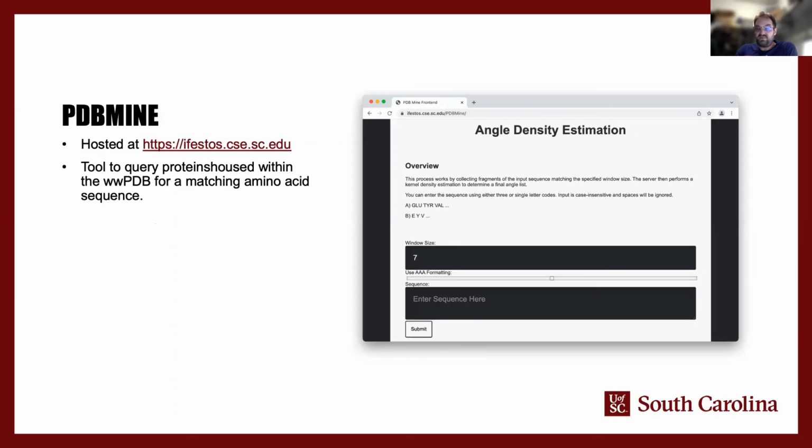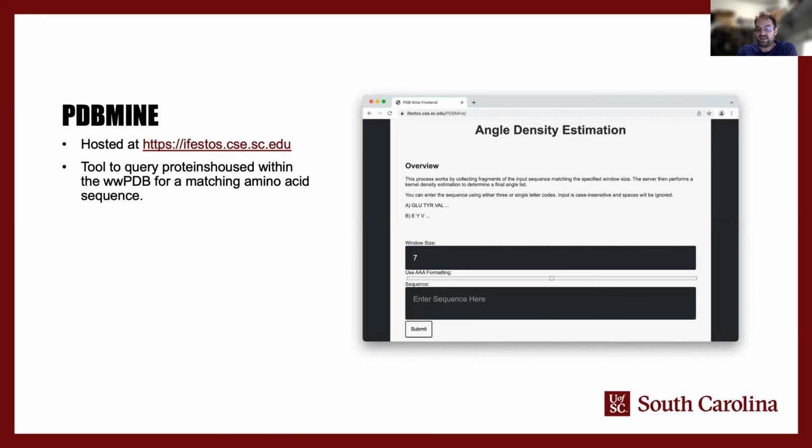So PDB-Mine is an online tool hosted on festus.cse.sc.edu.